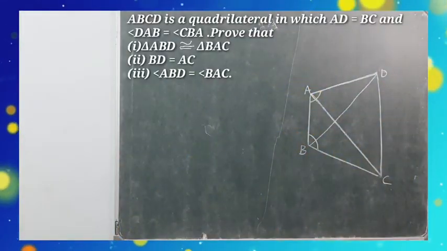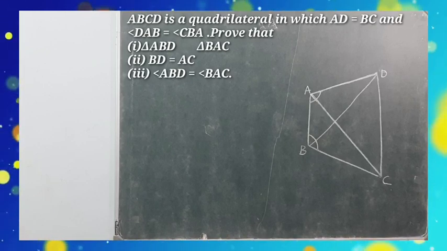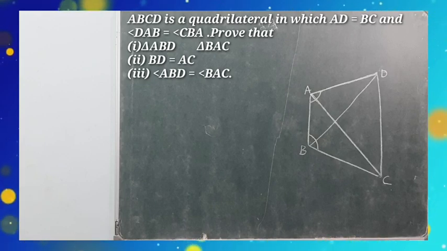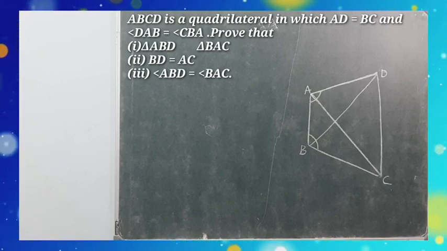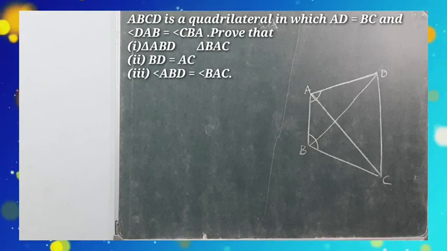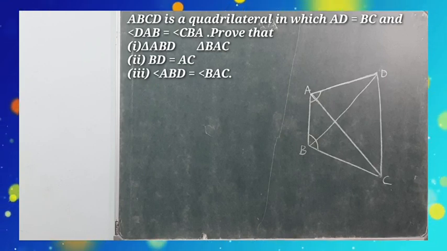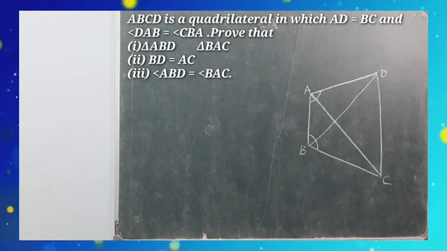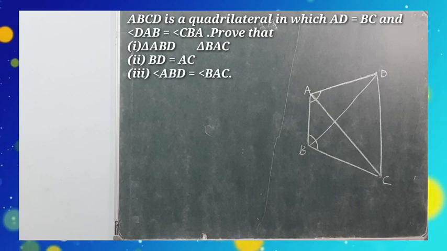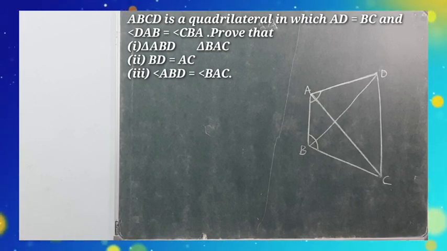Next question. ABCD is a quadrilateral in which AD equals BC and angle DAB equals angle CBA. Prove that triangle ABD is congruent to triangle BAC, BD equals AC and angle ABD equals angle BAC. So here you want to prove three things.